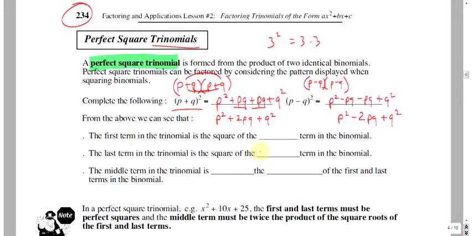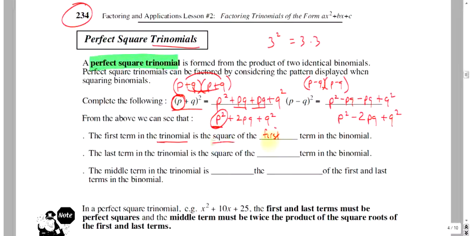The first term in the trinomial, that's this one, is the square of the term in the binomial. I don't know if this is helpful or not, but we'll fill it out. What they're saying is p squared, well, first means p times p.